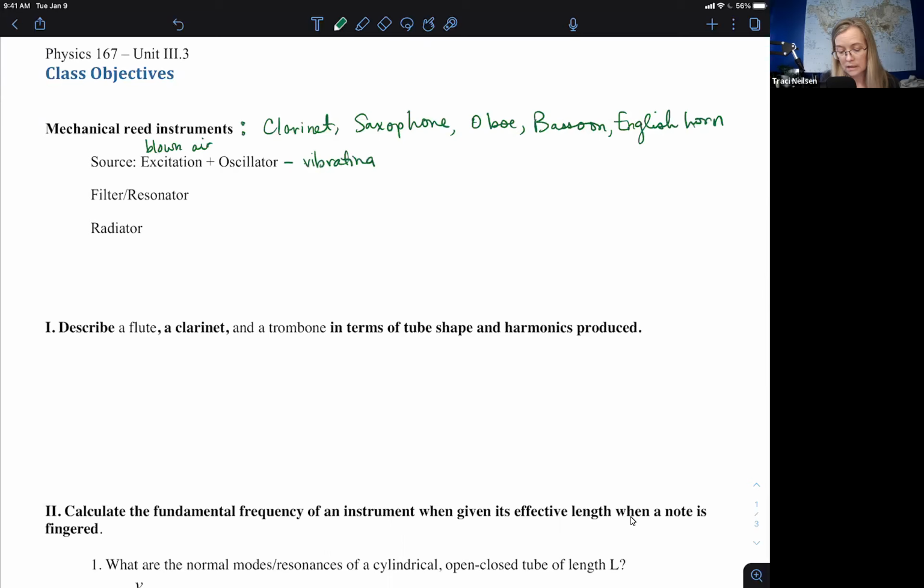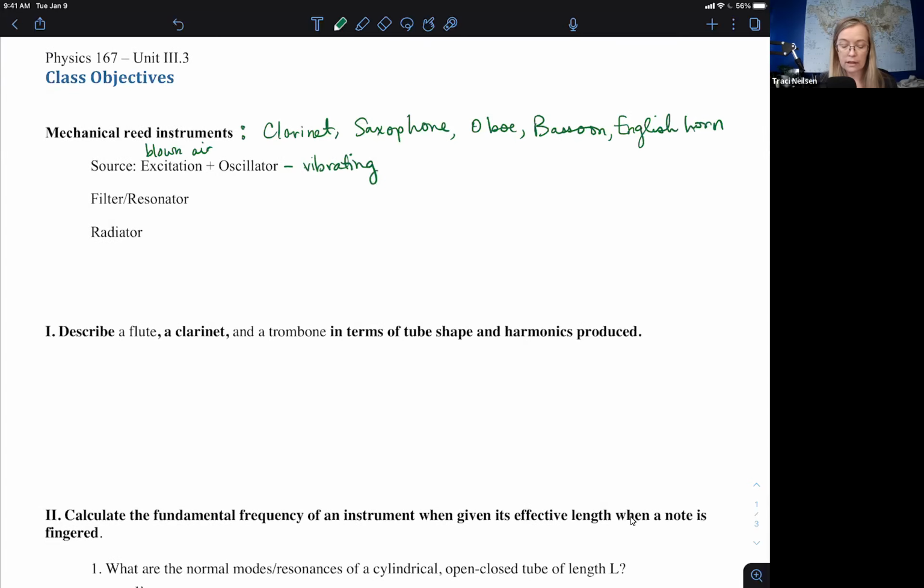The reed is either a single reed against a mouthpiece or a double reed, just two reeds together. They flap open and closed like you saw in your learning activity with the straw. The filter and resonator in all of these is the tube plus the mouthpiece. And then the radiator is primarily the tone holes, the open tone holes, that is.